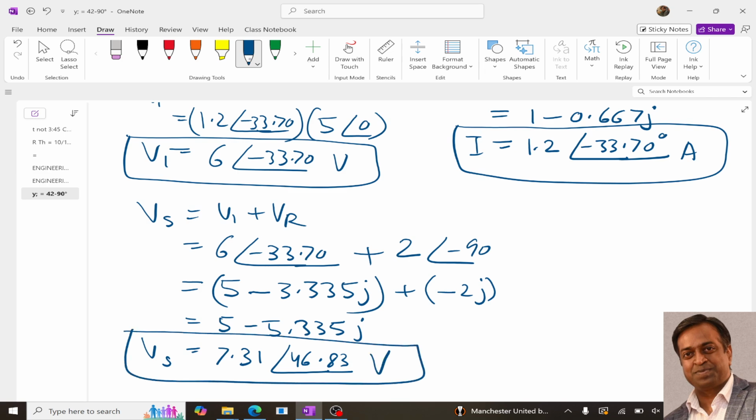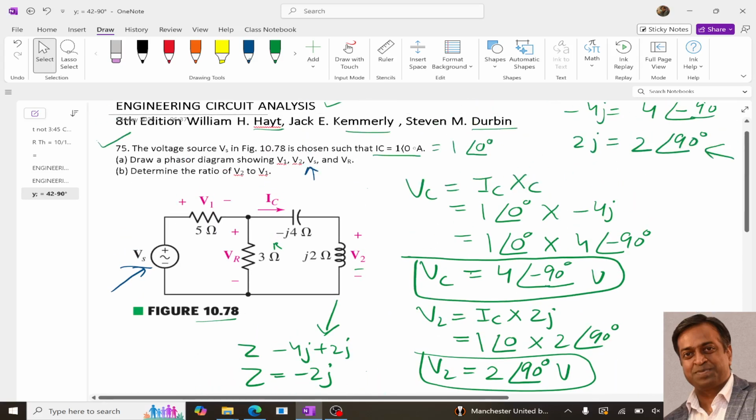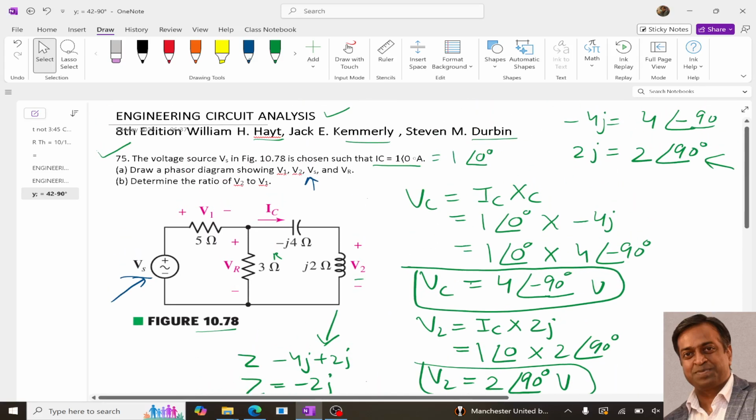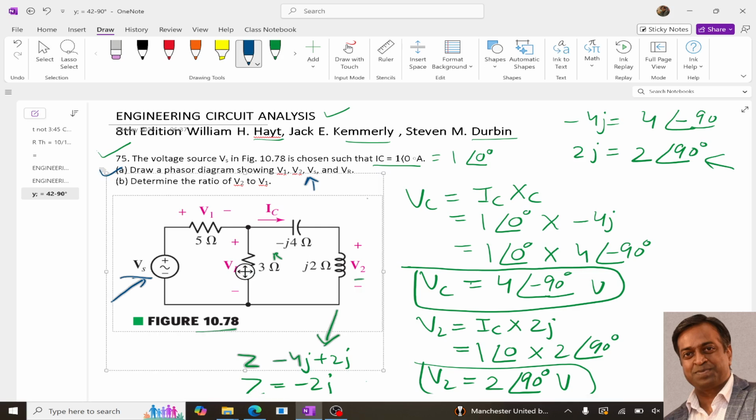So you can see how easily, with the help of the impedance, we are able to get all the currents and all the voltages in this circuit. Now coming to the question, we need to draw a phasor diagram that shows V1, V2, Vs and Vr.